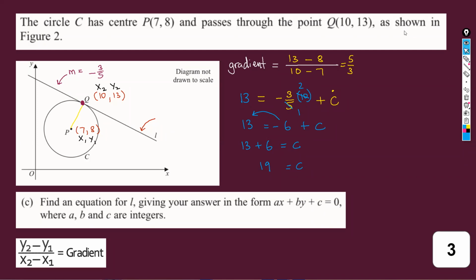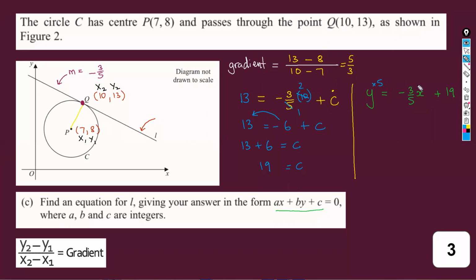But that's not the end of the question. Remember, they want it in a kind of different form. Y is equal to minus 3/5 x plus 19. But they want it in this strange form where there are no fractions and everybody is on the same side. We need to get rid of that 5, so we multiply everyone on both sides by 5.